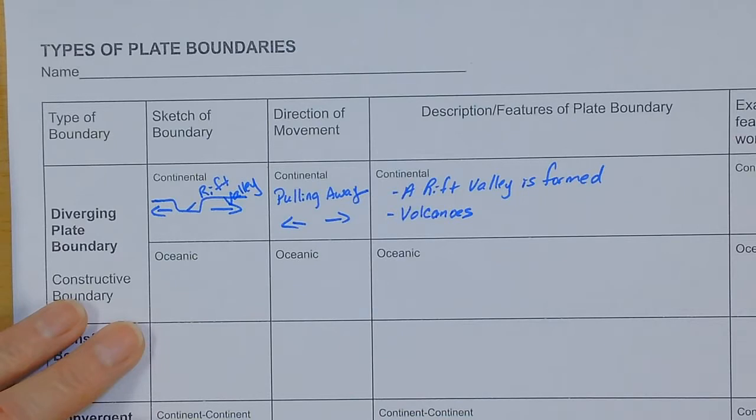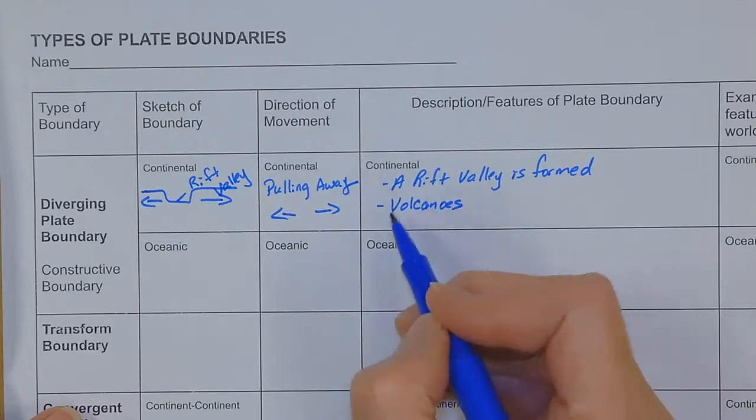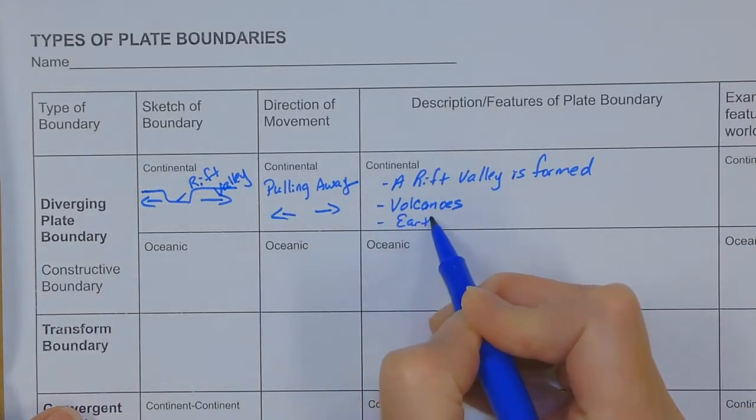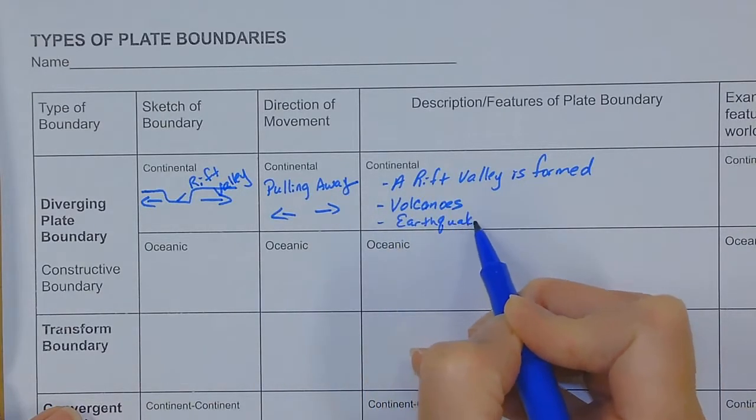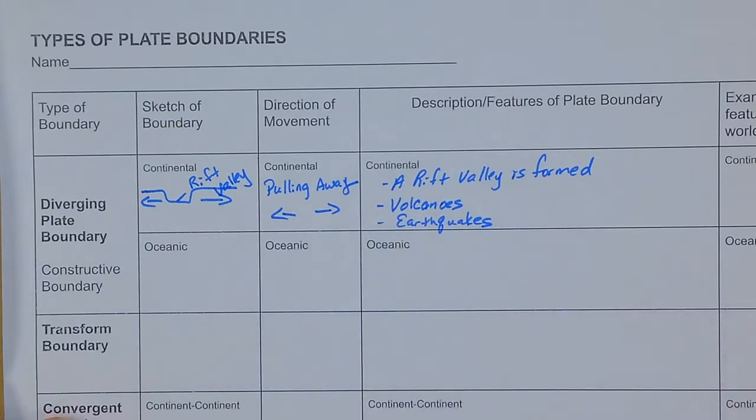So you have volcanoes that are associated with these. It'll also be a string of lakes. You do have earthquakes. So a Rift Valley is formed.